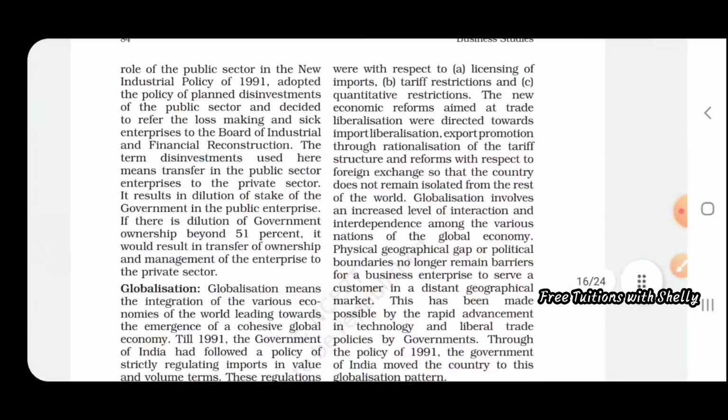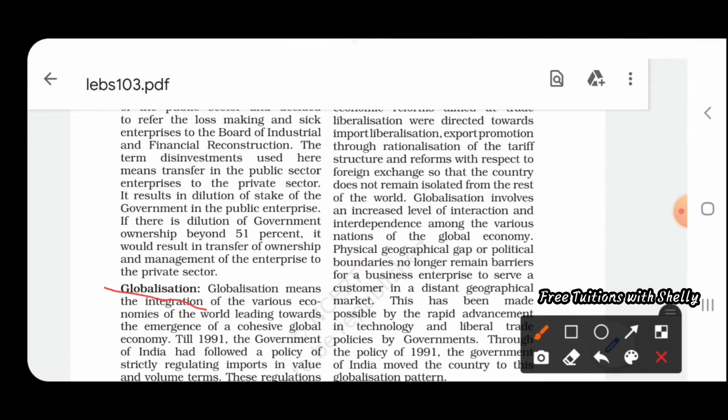Now what is globalization? Globalization means integration of various economies of the world leading towards the emergence of a global economy. That means different countries all over the world are trading in goods and services. They are exchanging goods and services with each other. Import and export is taking place. All this was possible after the adoption of globalization.